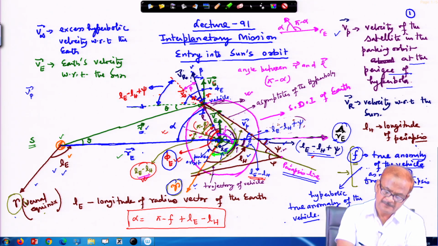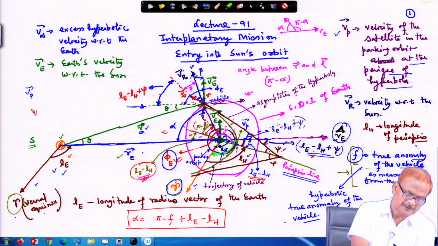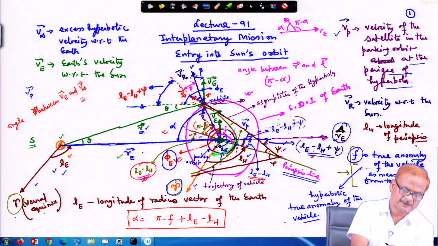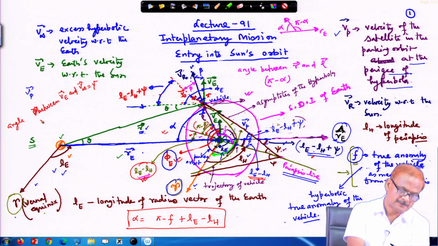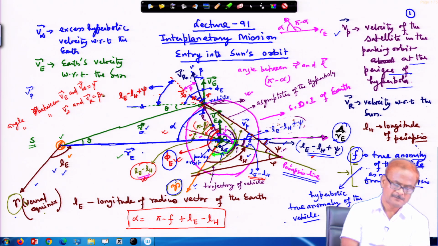Angle between vehicle V and V infinity, we write this as gamma, and angle between V infinity and V r we write as beta.